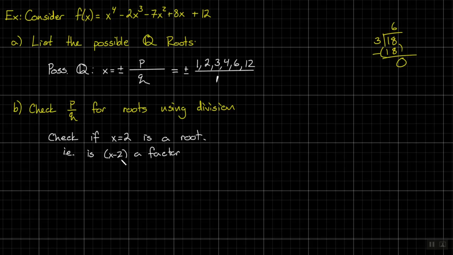Okay, so if we wanted to long divide, we could use this. Or if I want to do it synthetically, what goes outside of my synthetic box? A 2. Okay, here we are. What goes inside this top row of my synthetic division box? 1, -2, -7.